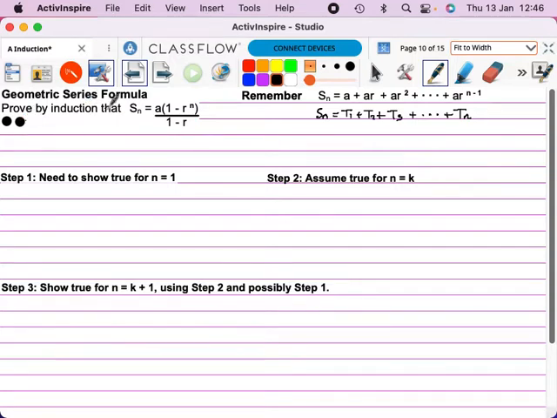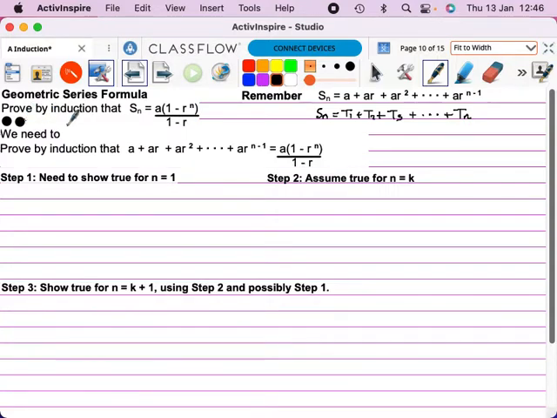So now we're in the position to actually definitively state this proof properly. And we're now going to state we need to prove by induction, not Sn is equal to the right-hand side, but what Sn is. And Sn is A plus AR squared plus so on, AR to the power of n minus 1 is equal to this.